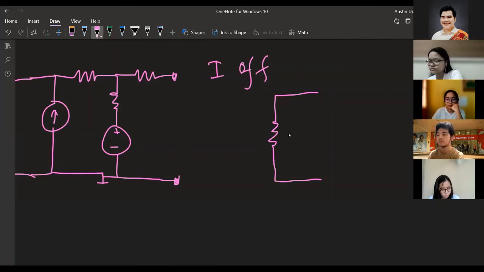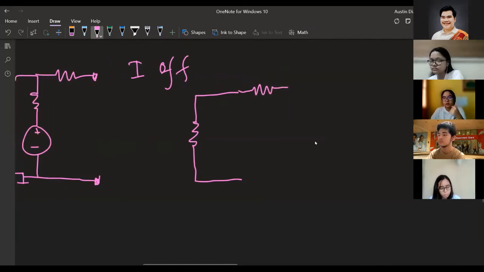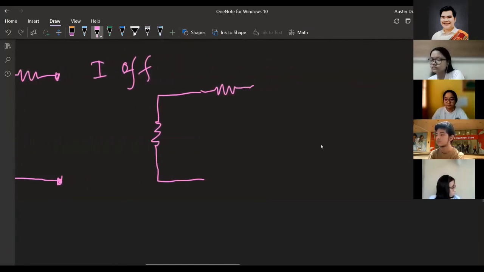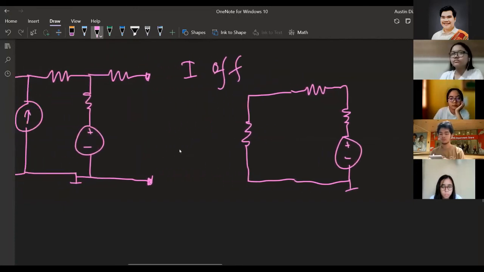So magiging open circuit yung part na to, wala na dyan. And then have this plus minus. Okay. Something like this.